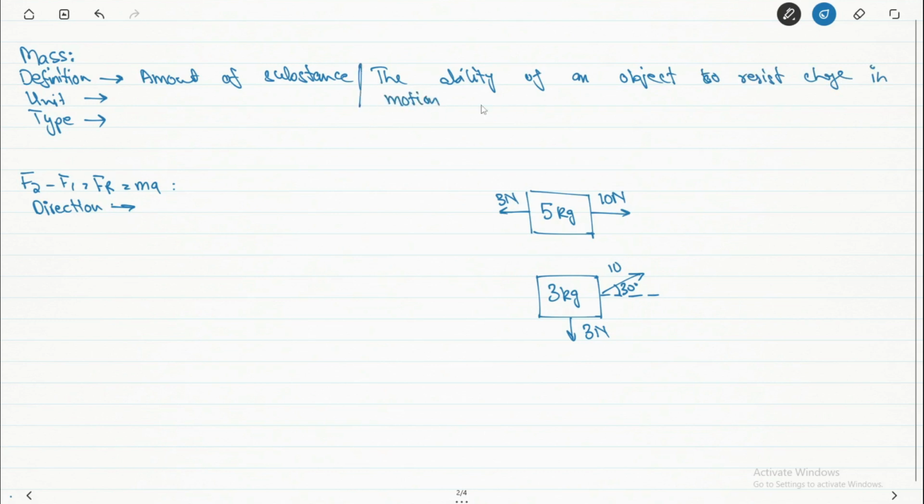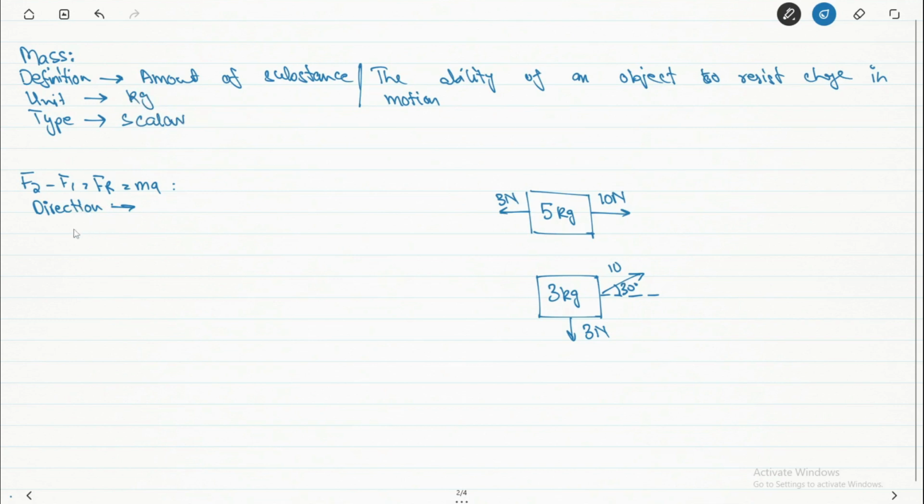This is a modern definition of mass. And perhaps if you study a lot of physics, you'll know why this is the case, but right now I'm not going into that. The unit of mass, as you know, is kg, and it's obviously a scalar quantity.